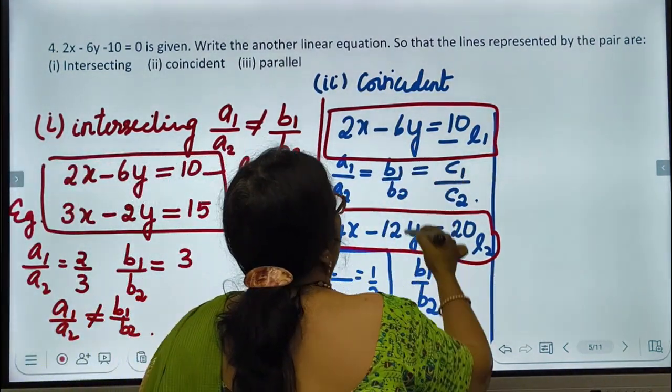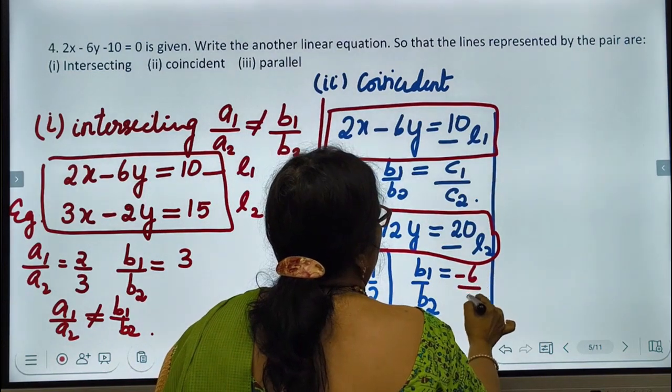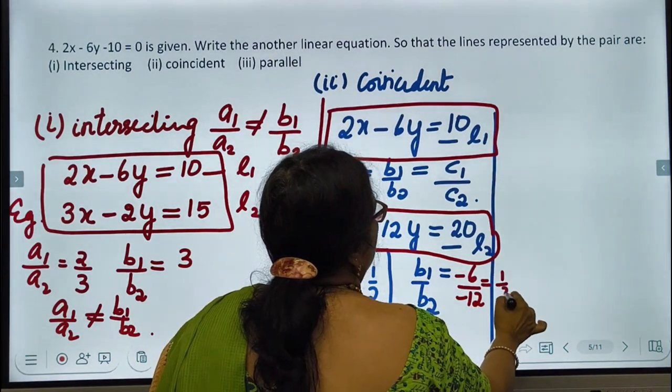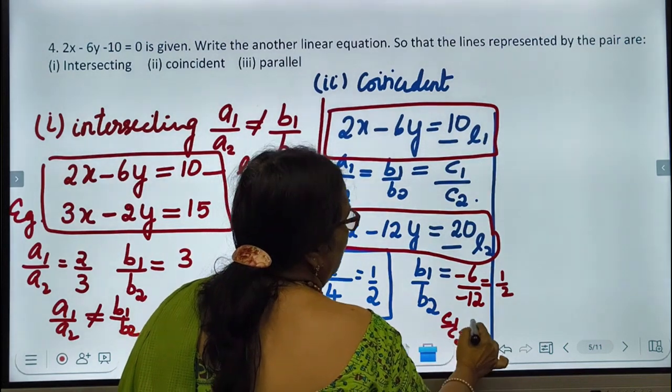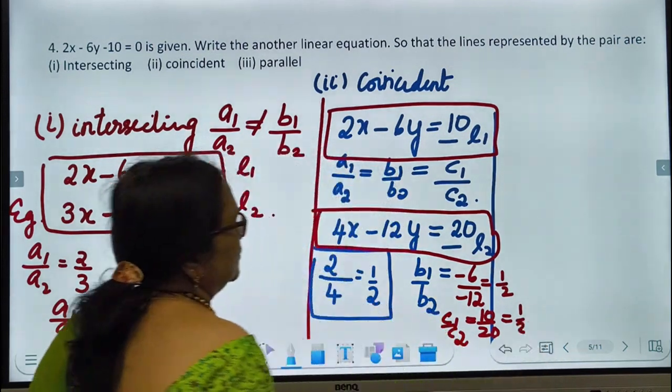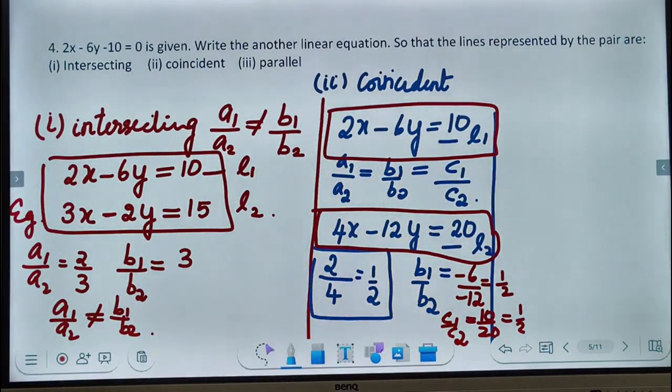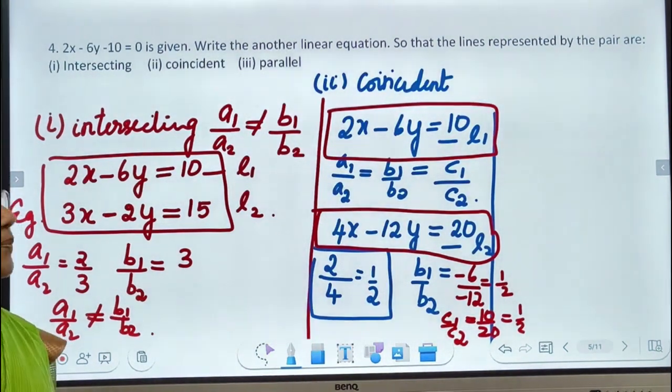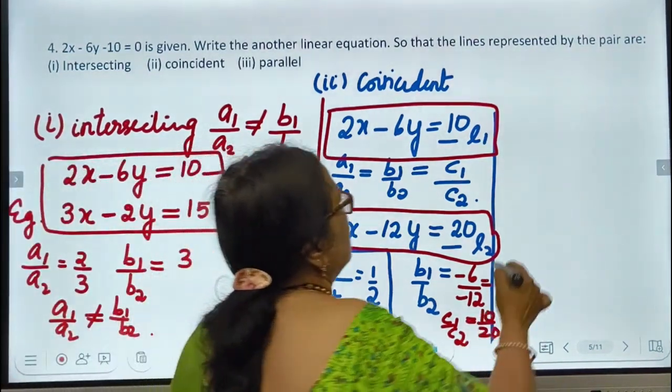B1 by B2 will be minus 6 by minus 12 which is again half. C1 by C2 will be 10 by 20 which is half. So we have given an example of a line L2 so that L1 and L2 as a team together represent coincident lines.